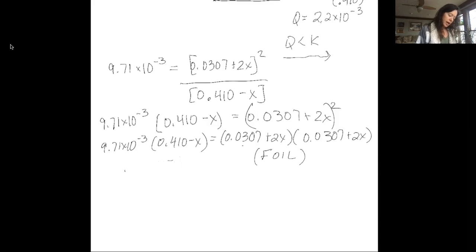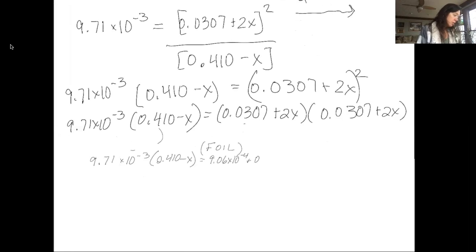And after I FOIL, I have, assuming I'm right, 9.06 times 10 to the negative fourth plus 0.0602X plus 4X squared.